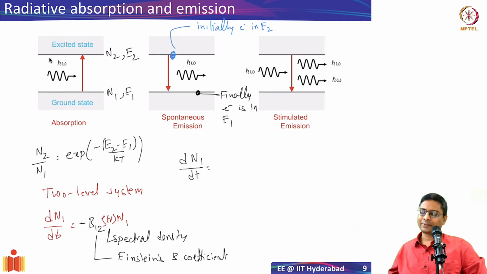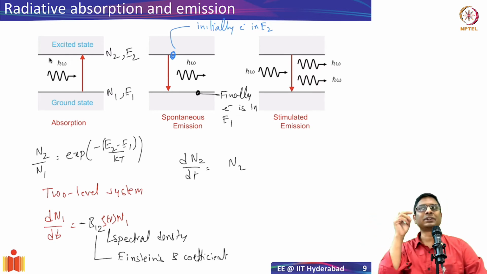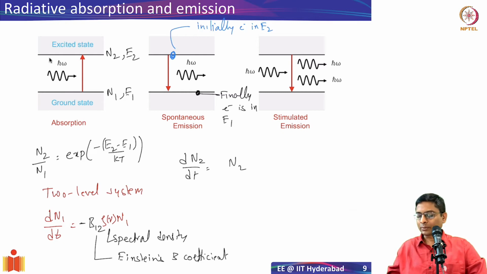To make my life simple, let me still keep it N2 only. So dN2 divided by dt is going to depend on N2. If you have more and more electrons, more atoms in the excited state, then they'll have more probability of emission. And then there is a probability of emission, which is spontaneous emission. So Einstein gave a name, A21. So A21 is the probability of spontaneous emission.